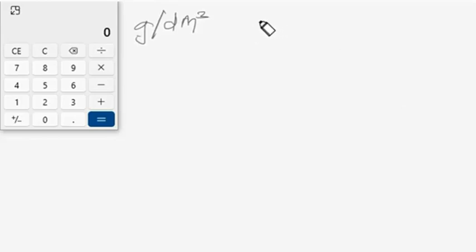So you need to take note of this. This is the mass concentration. So guys, we're going to find the mass concentration, but first of all, here we need to write the equation of this reaction.